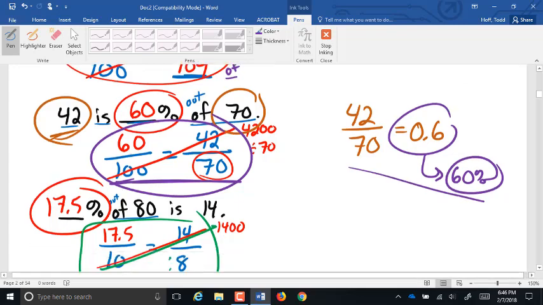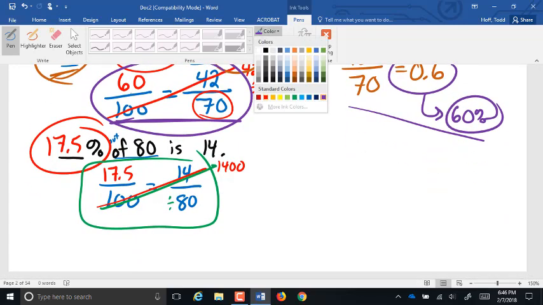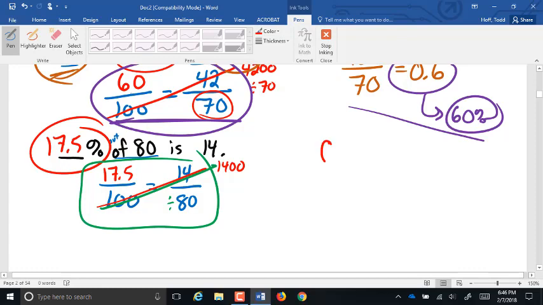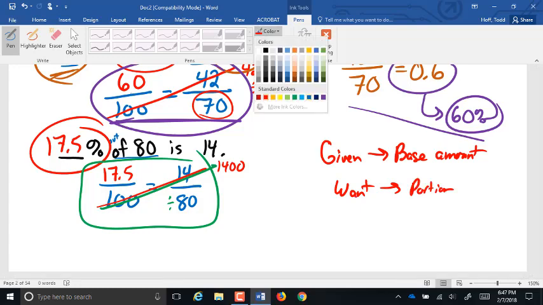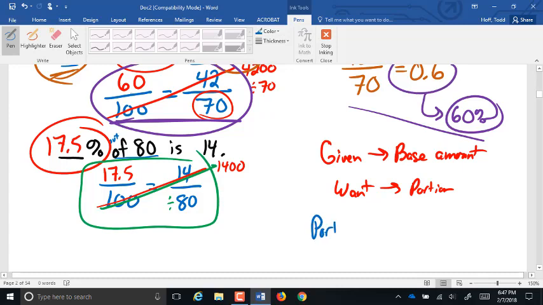The time that the rate method gets used a lot, and it does get used a lot, is when we know we are given the base amount and we want the portion. Because that portion is going to be found as just taking that base amount times that rate, that decimal form of the percent.